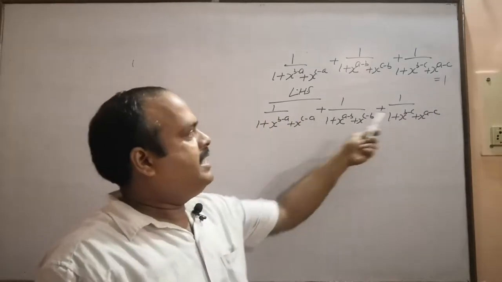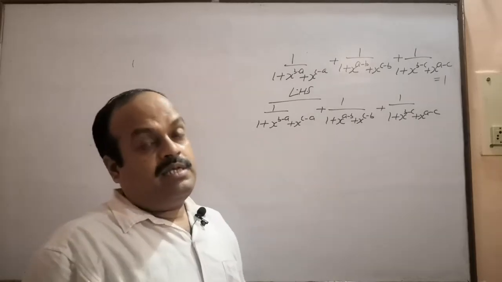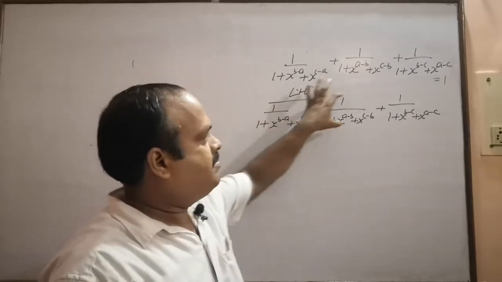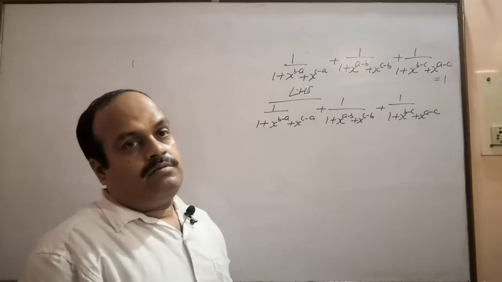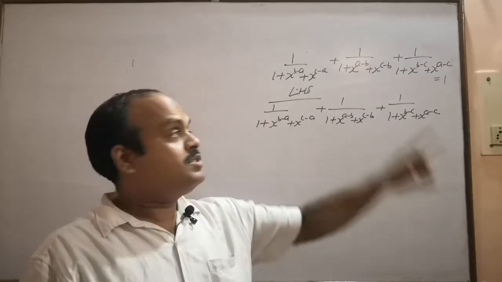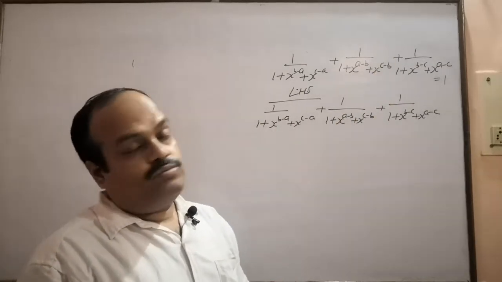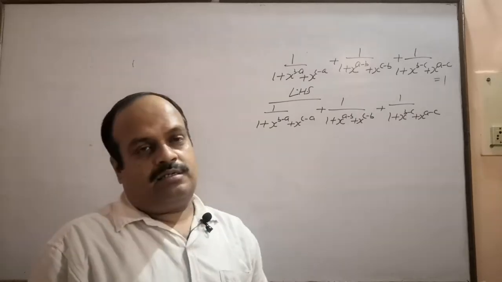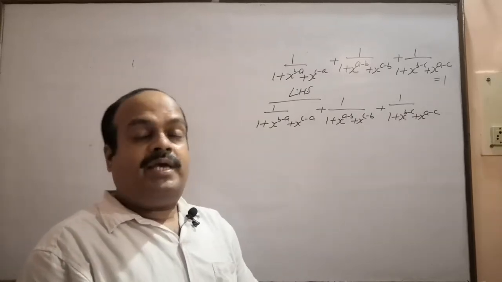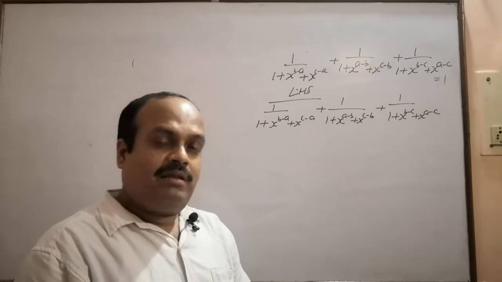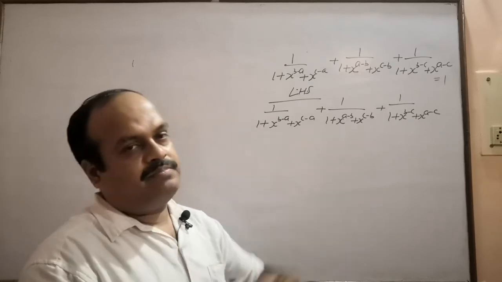Three fractions we have. We want to add these three fractions to get the result 1. We have to take LCM, but we will not take LCM at this step.